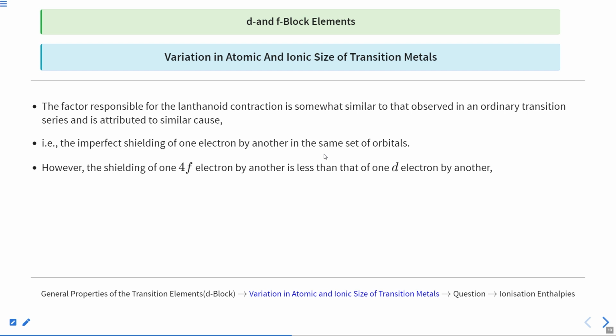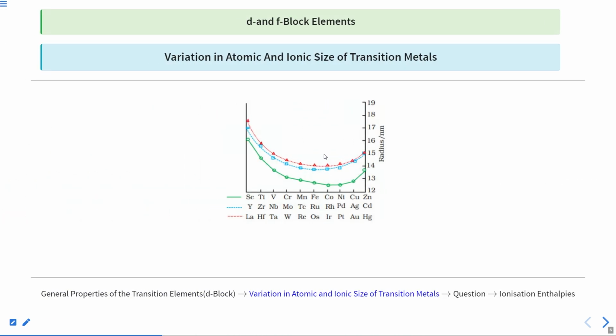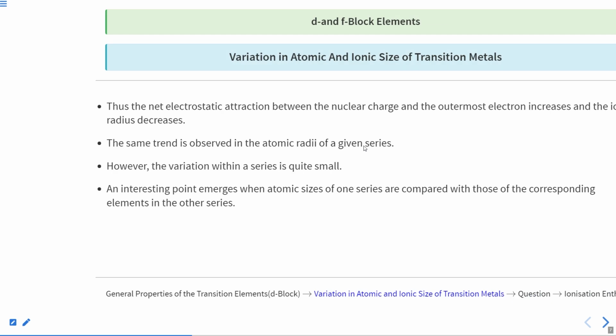Clear? So for that reason, we see this trend. This trend seen here, that the 4d series and the 5d series have almost the same atomic radii in this region, is especially due to the poor shielding effect of the 4f orbital. Clear? Got it? Now, next.